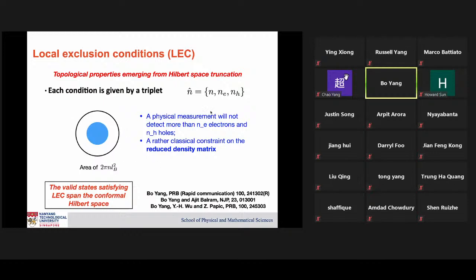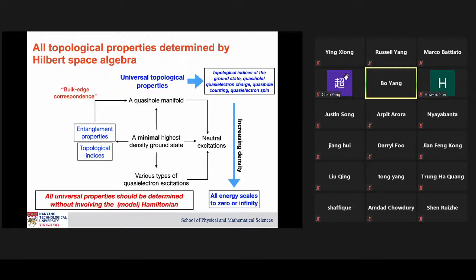Okay, and this LEC condition allows us to unambiguously determine all of the topological properties we can think of for a particular topological phase in a single Landau level, including the ones I listed here. It can also provide a very simple numerical way of generating the ground states and also quasi-hole states of even very exotic topological phases that are otherwise not easy to get numerically using other methods.